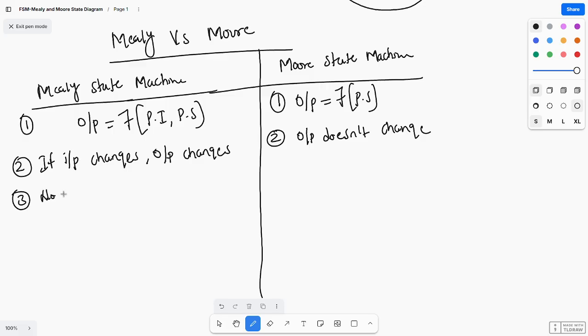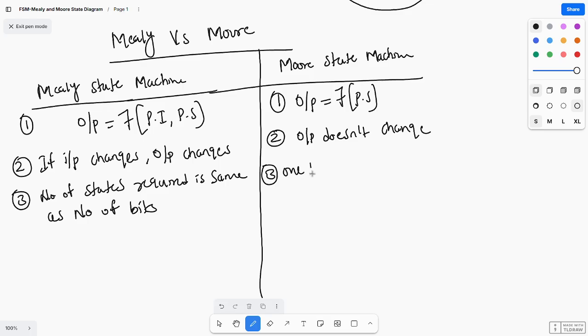And in the Moore machine, one more extra state is required compared to Mealy.